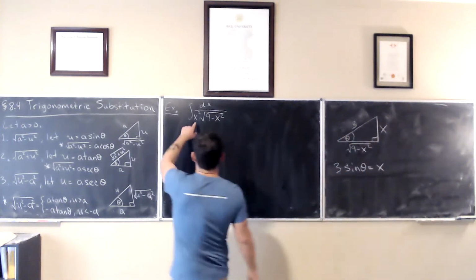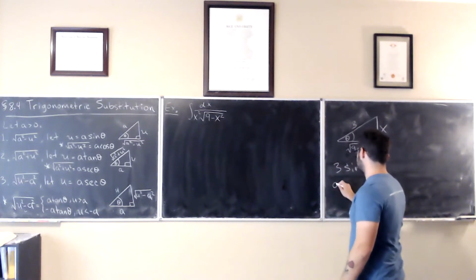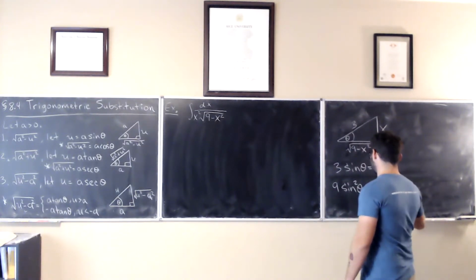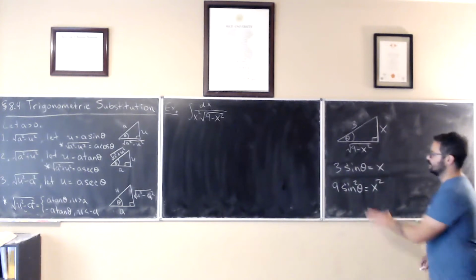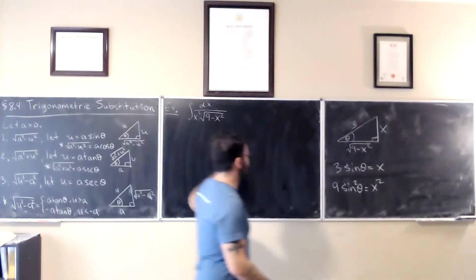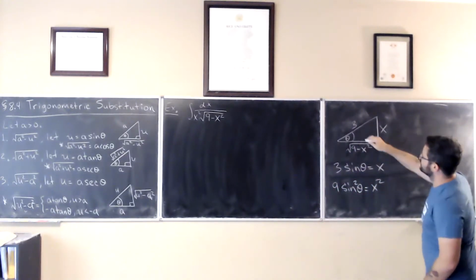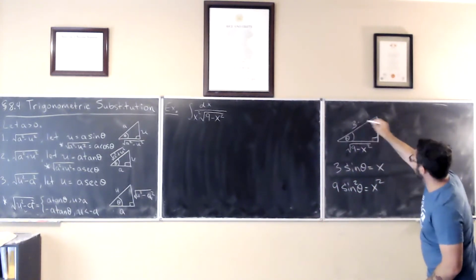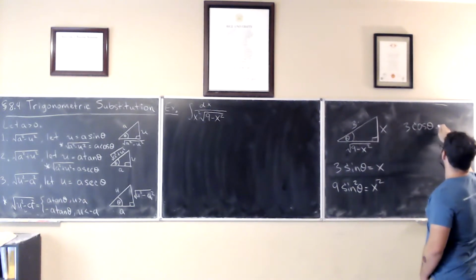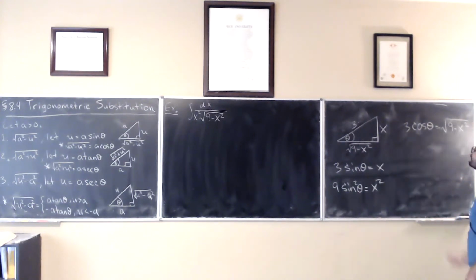If I square that, I get my x squared. So I can replace that. And now I need to look at the radical business. Cosine theta is this over that, so 3 cosine theta is equal to that radical, the square root of 9 minus x squared.